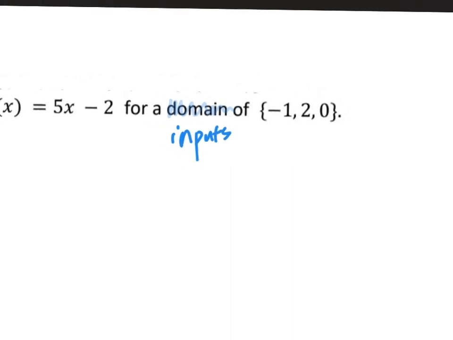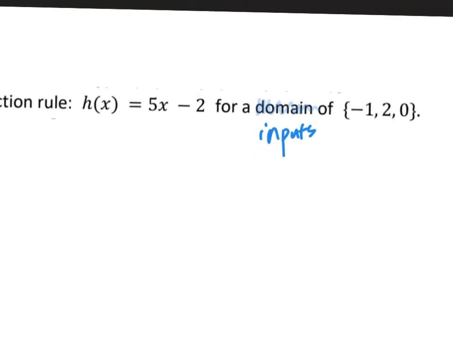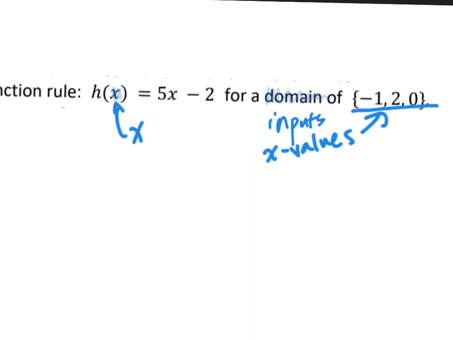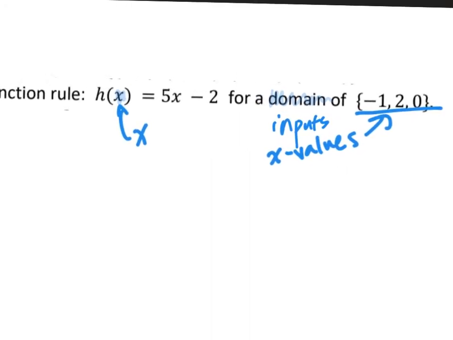When I look at my function, I'm seeing that my input is x. So my input, or my domain, is going to be my x values. So these are all x values. In order to find my range, my function is only defined at those x values that were given to me. I'm just going to evaluate my function at each of those x values.